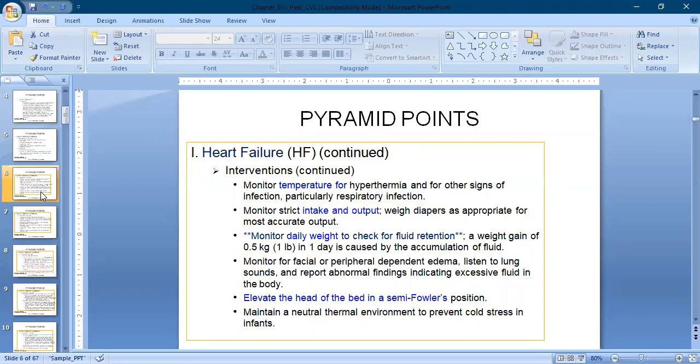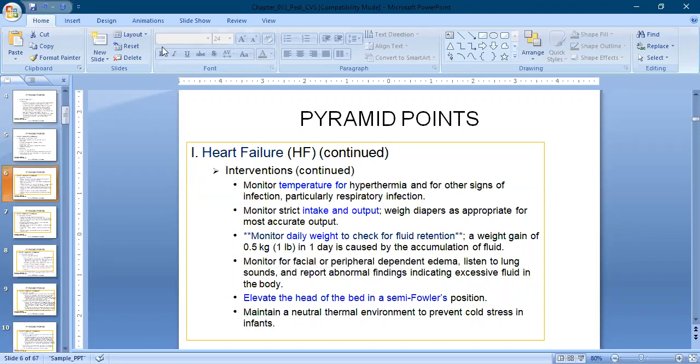Also minimize crying. The position of the child should be semi-Fowler or Fowler posture, meaning the bed is more than 45-degree angle. And also, if your patient has hypoxia or cyanosis, place the child in the knee-chest position and calm the child.